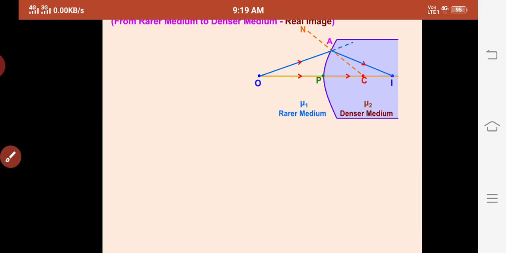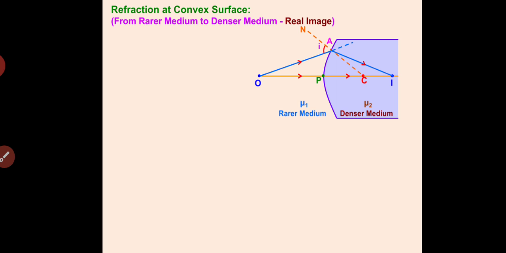Look here, we are going to find the values of i and r. For this, suppose that this angle is alpha, this one is beta, and this angle is gamma.